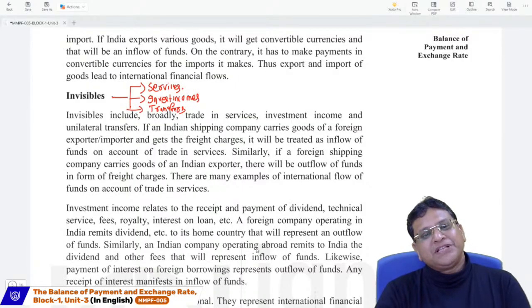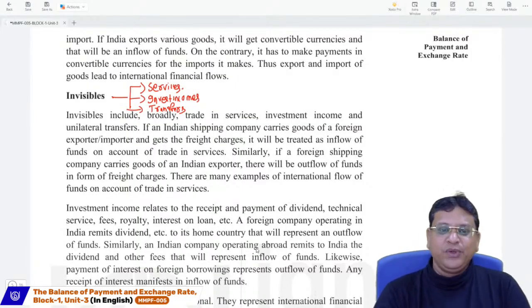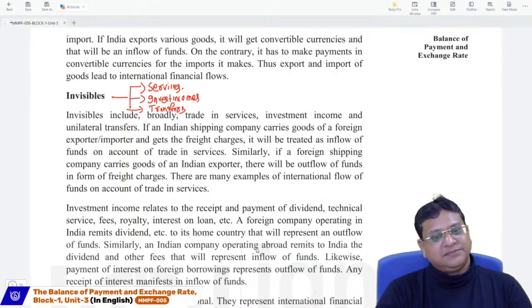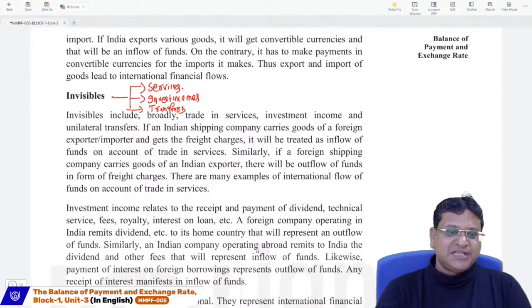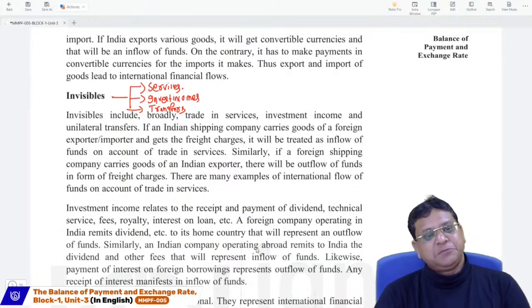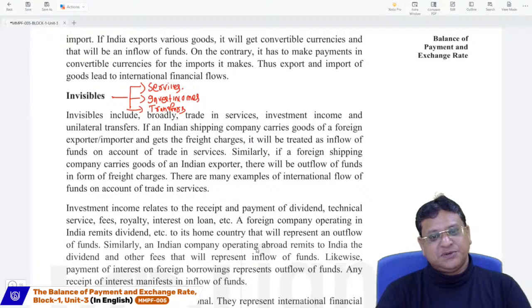We export the majority of IT services. We import the majority of financial services from the world. So IT services exports are credit items, and financial services imports are debit items of invisibles.